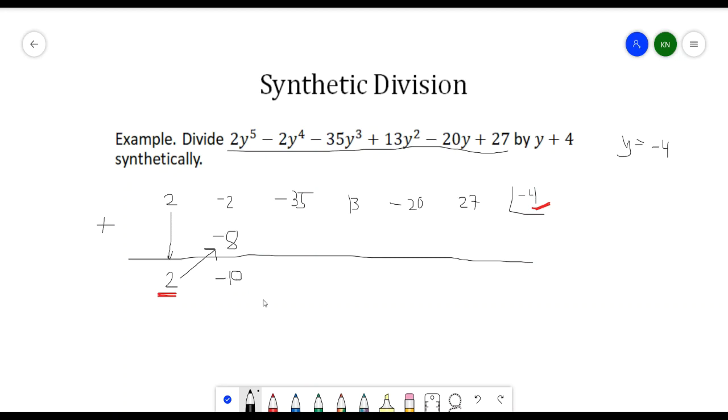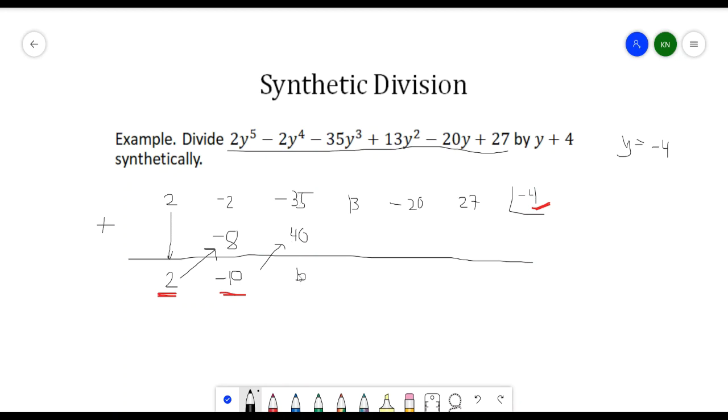So basically, the process will be repetitive. So the next process again is multiplying negative 10 by negative 4. So that is equivalent to positive 40, right? Now, after we get the product again, we write it in the second line. And then we perform the addition of these two. Now, negative 35 plus 40, that is equivalent to positive 5.